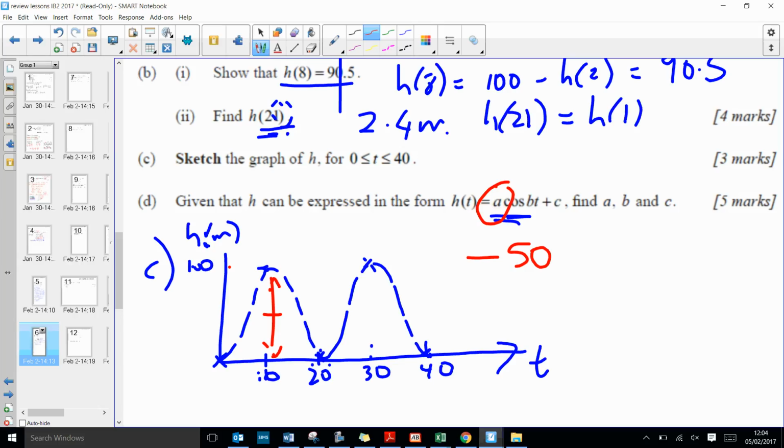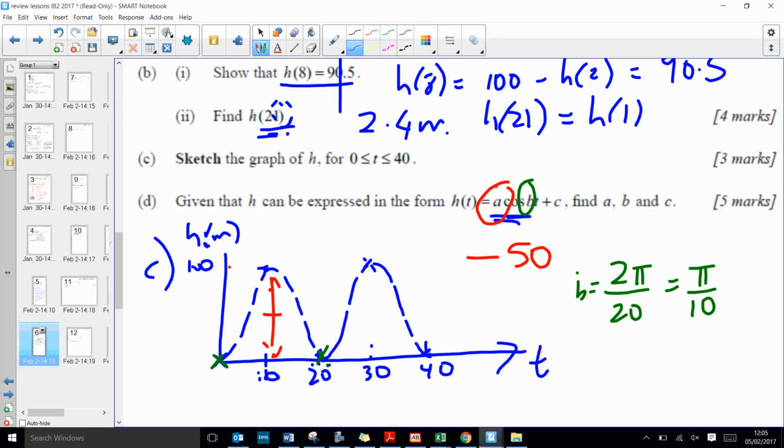We've then got to find B. So B is determined by the period of the graph. As you can see, the period of the graph is 20 minutes. So normally it would be 2 pi, but we divide that by 20, so we get the value of B as being pi over 10. And C indicates if there's been any vertical shift.